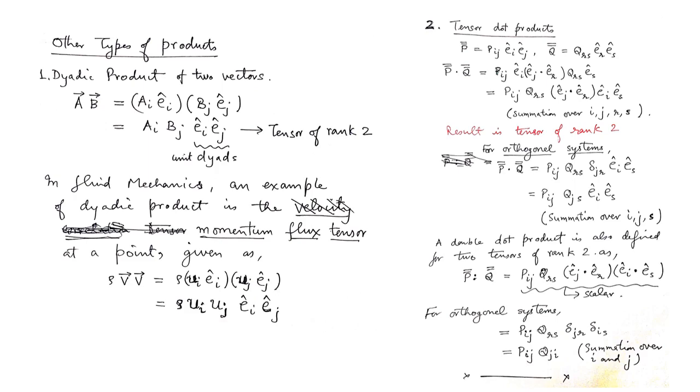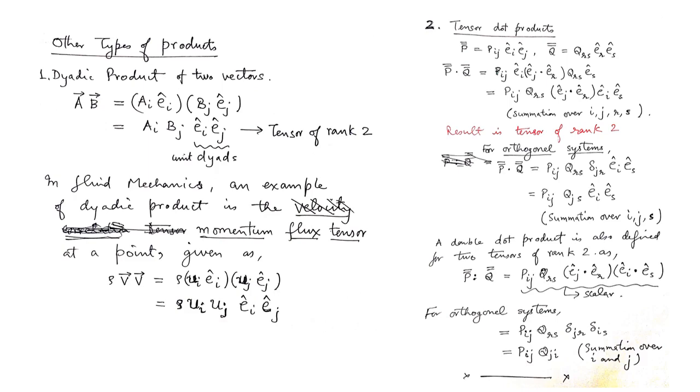So the result is, as you can see, P dot Q has a unit dyad involved, Ei cap Es cap, so it will be a tensor of rank 2. Notice that i, j, r and s all are repeating indices, so summation over all four of them is implied for a general coordinate system.